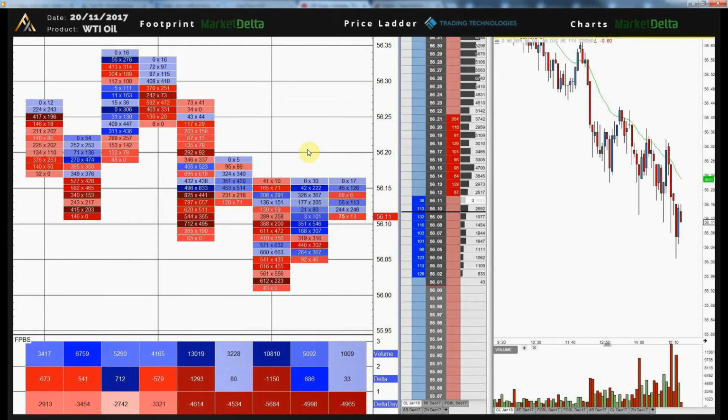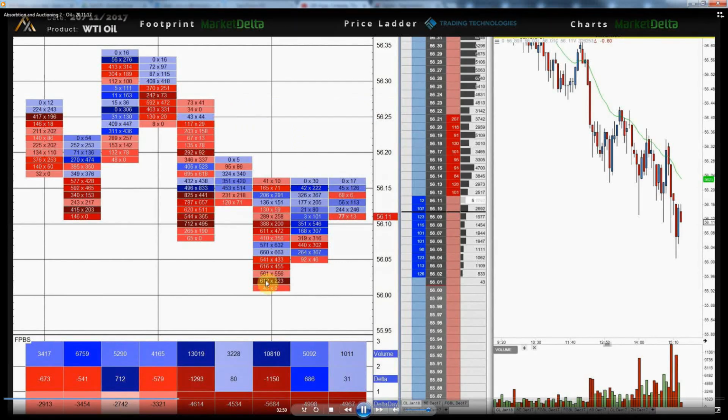So what we can see at the low extreme here, note 600 lots by 223, 561 by 556, 616 by 445, 541 by 433. So we can see quite a lot of the volume being taken at this low relative to this high.